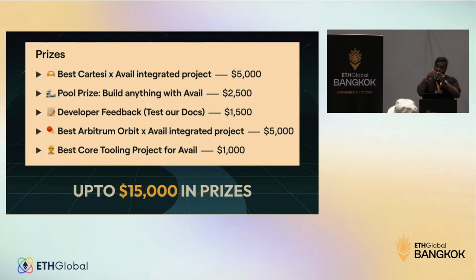If you use Avail in your project, basically you can spin it up, I'll show it to you now. If you do the Arbitrum Orbit and Avail integration, not only do you get the $5,000 from the Arbitrum team, you can also win prizes from the Avail team, which is another $5,000, so another $10,000 for you.